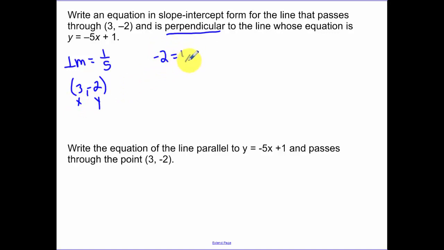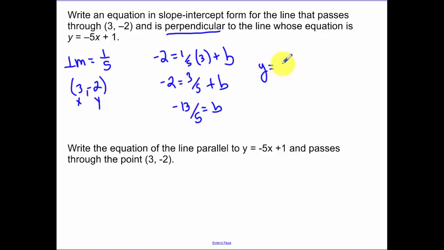My slope is 1/5. So 1/5 times -3 is equal to -3/5 plus b. When I add my 3/5 over, I get 13/5. Notice how I'm staying in fractions, and they're improper fractions. That's what I want from you guys. So now we have our equation of our line in slope-intercept form.